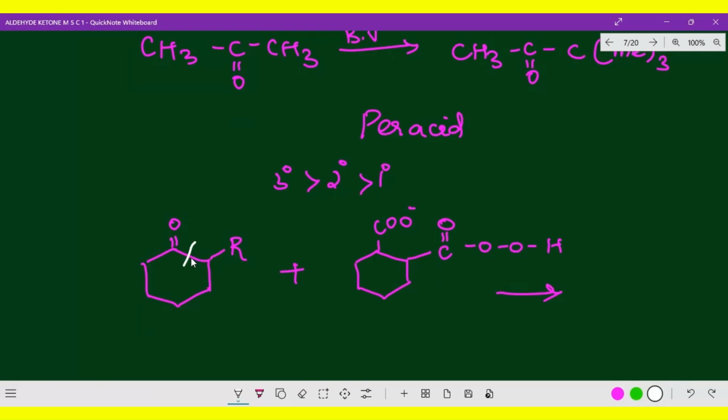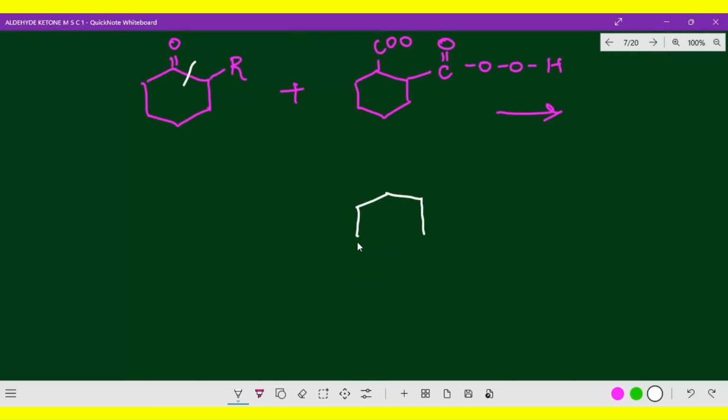With one more atom attached, the 6-membered ring becomes a 7-membered ring. Please remember it that way. So C double bond O, and then the 7-membered ring with O, peroxo, and here R, which attaches over here.